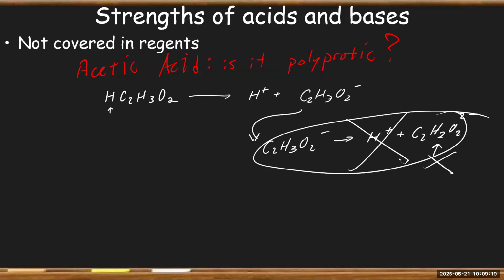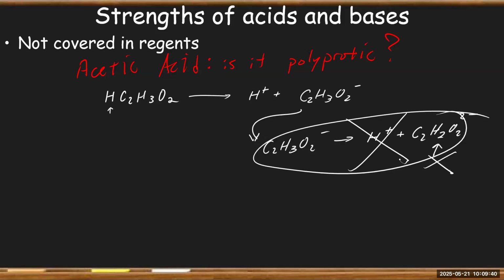No, only ionic does. That's why polyatomic ions do not further fall apart into smaller ions. That's the end of the line for them. So that's why acetic acid is monoprotic. That's why they write the formula like this.